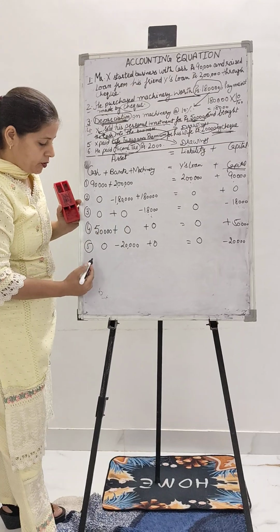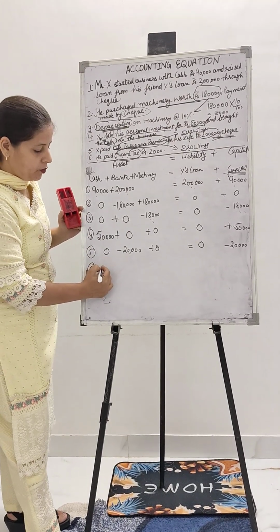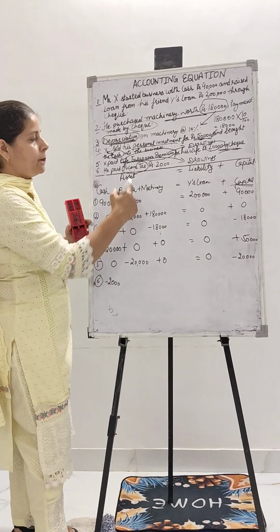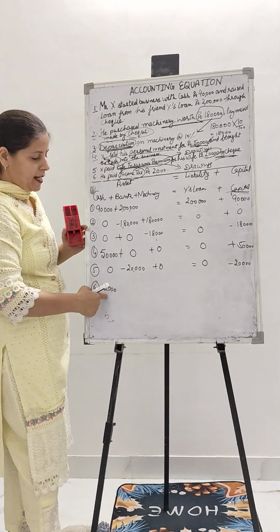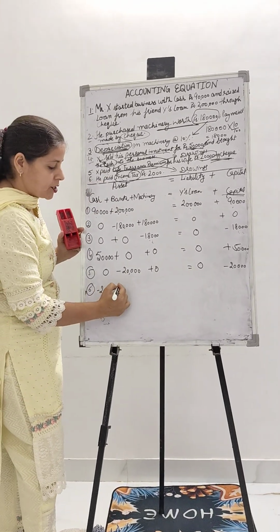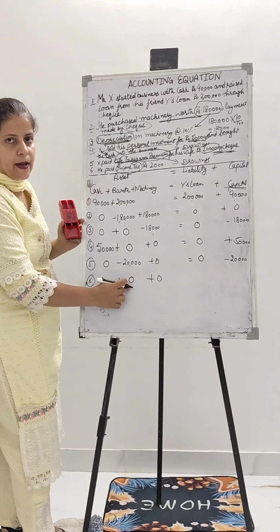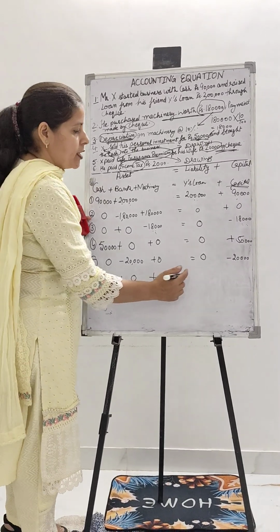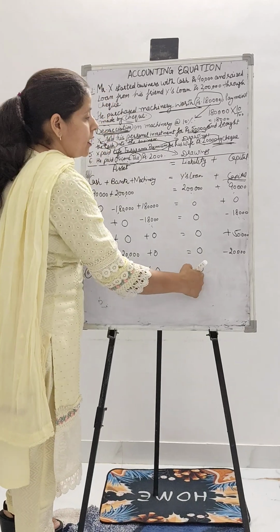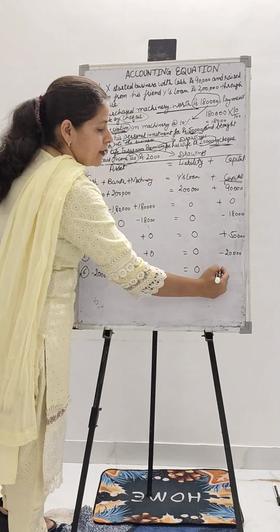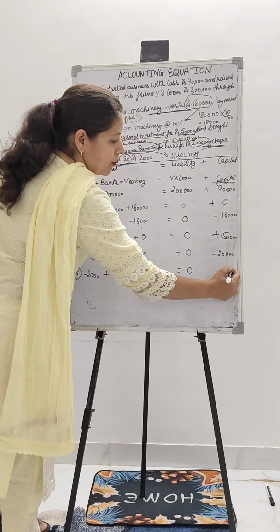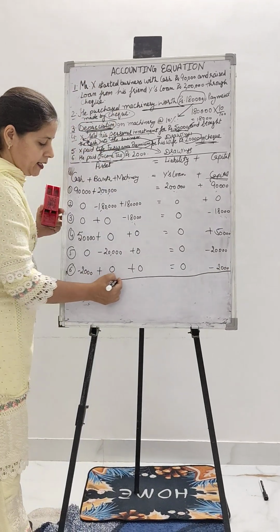So 2,000 rupees is deductible from cash because it is paid. No change in bank balance, no change in machinery, no change in loan amount, but his capital is reducing with rupees 2,000 here.